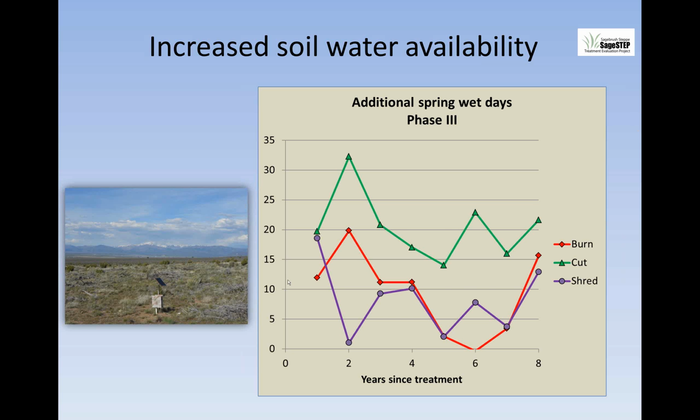We've measured soil moisture on these treated sites for 8 years now after treatment. And this is additional spring days where the soil's wet if you treat in phase 1. And so you're adding on up to another month of available moisture, usually less than that, but at least 10 days of available moisture. And even 8 years after treatment, you're getting maybe half a month or more of available moisture by taking out these trees.